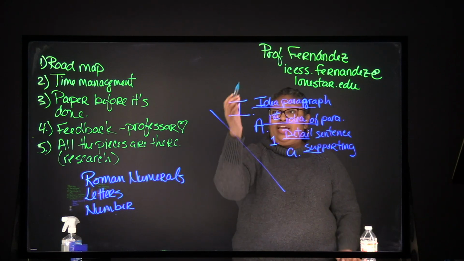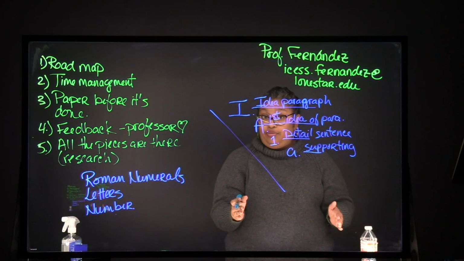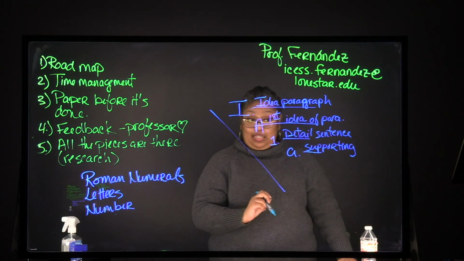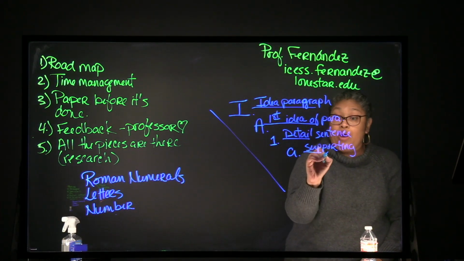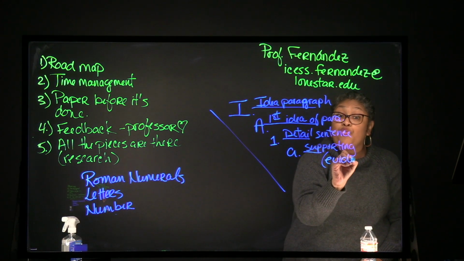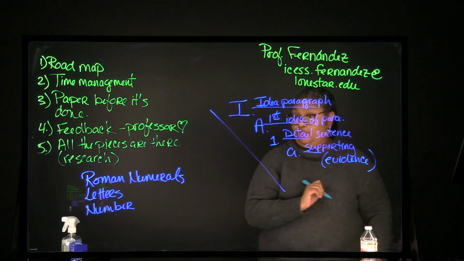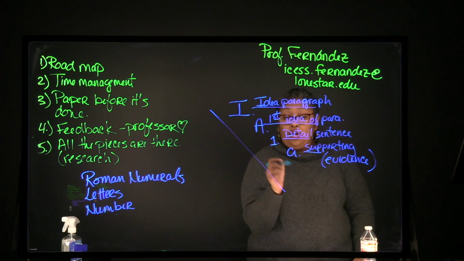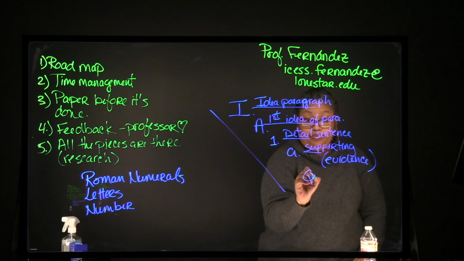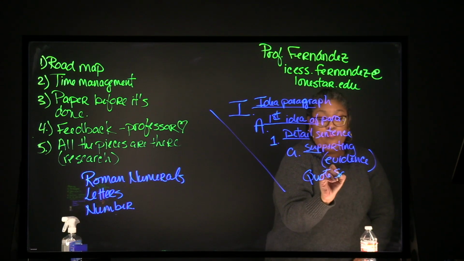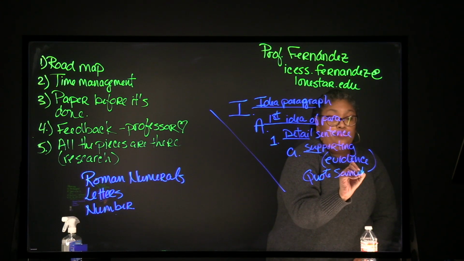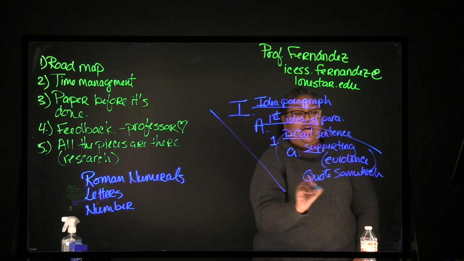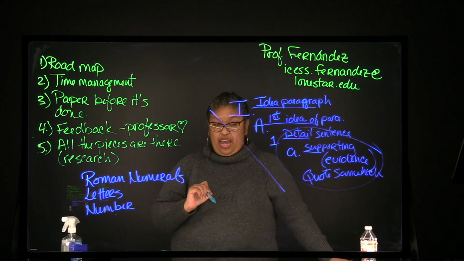So say if we want to look at just this paragraph, we know that this first idea is going to go here, this detail sentence is here. The supporting sentence will probably have evidence or some of your research in it, right? I'm going to refer you to something called the quote sandwich, which gives you a little bit more detail about what goes around in this area of the paragraph, okay?